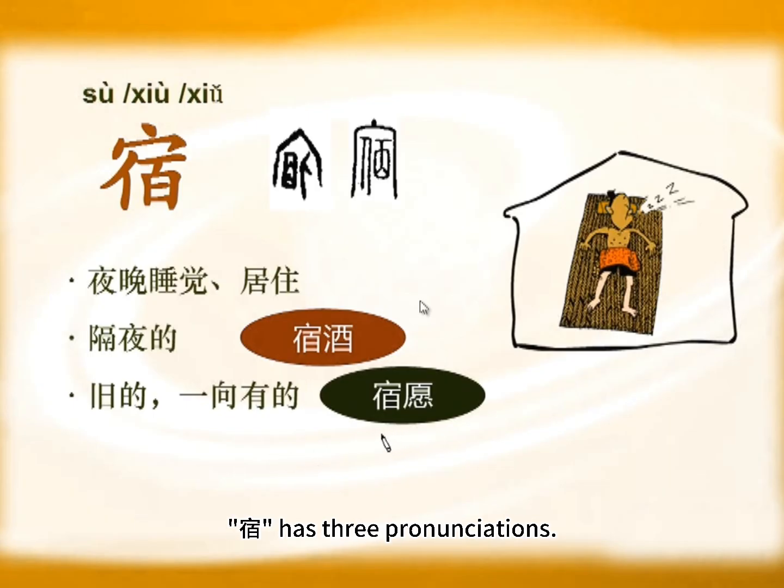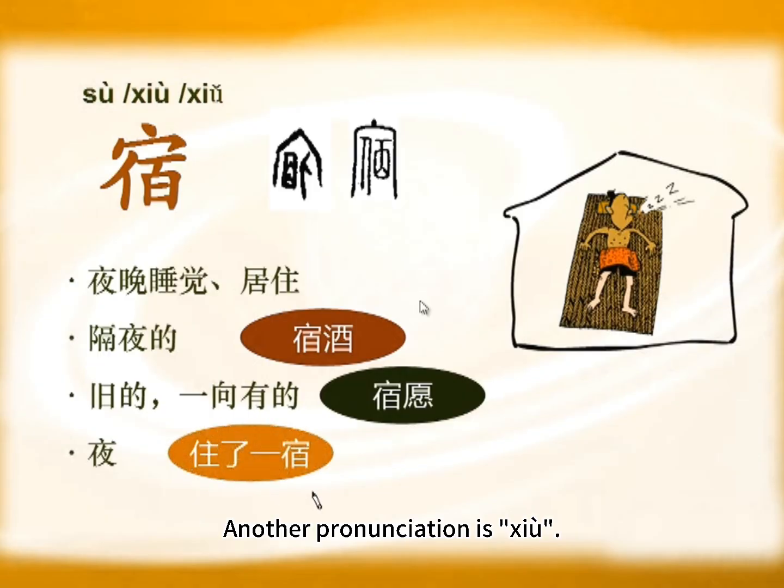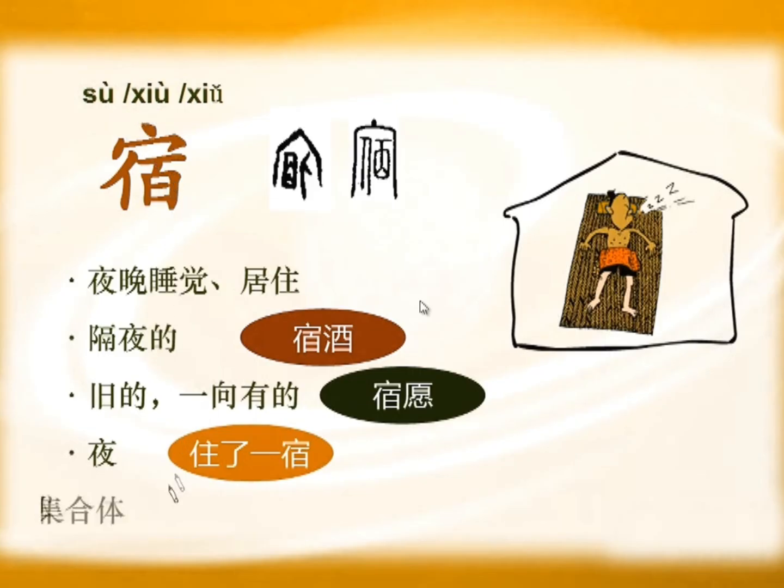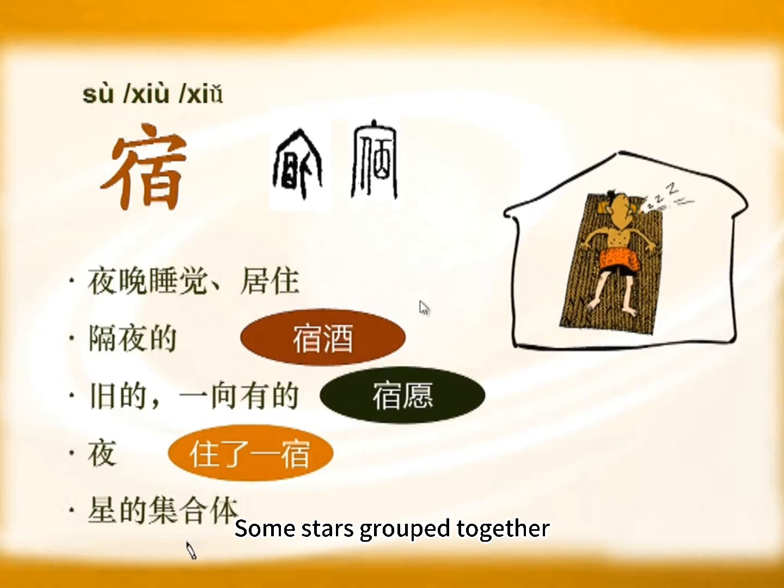宿 has three pronunciations. One is su. Another is xiu. Xiu specifically means night. 住了一宿 means stayed one night. Another pronunciation is xiu. Xiu refers to a constellation. Some stars grouped together form a xiu.